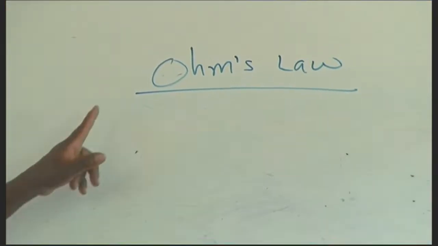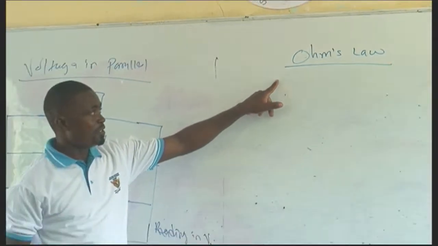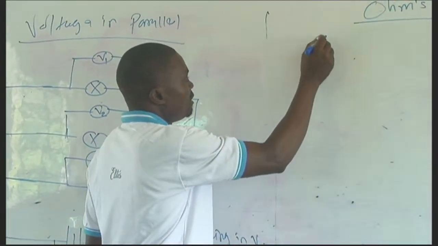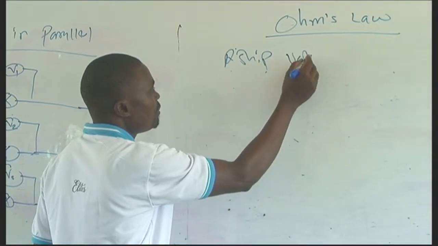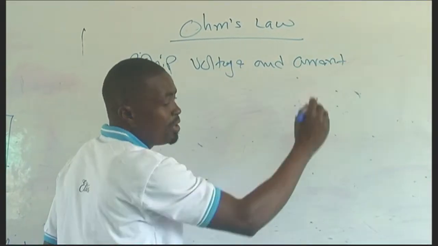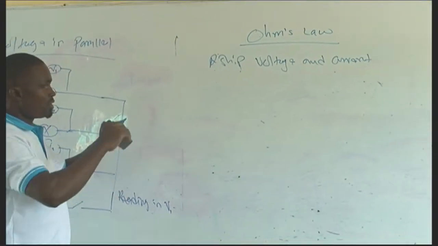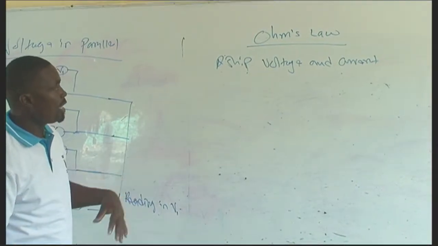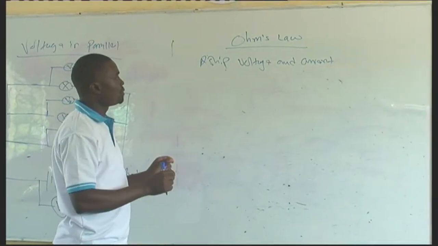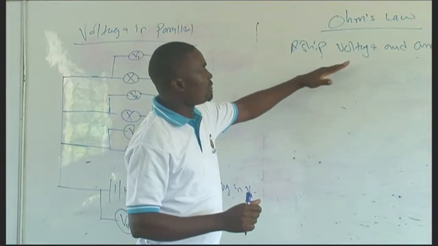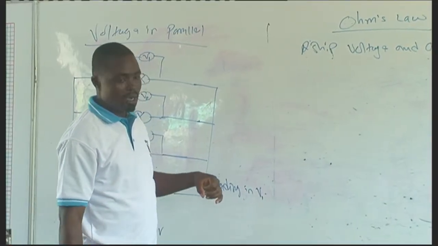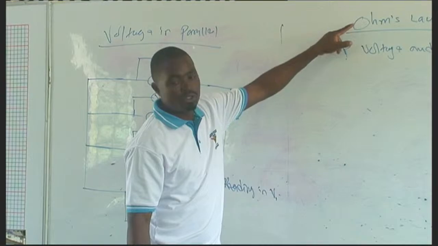Ohm was a German physicist who studied the relationship between voltage and current flowing across a conductor. When you have your circuit with the voltmeter and ammeter connected, then when the switch is closed, there will be readings. The way current flows and the way voltage flows, there is a relationship between those two, which was discovered and studied by this German physicist called Georg Ohm.